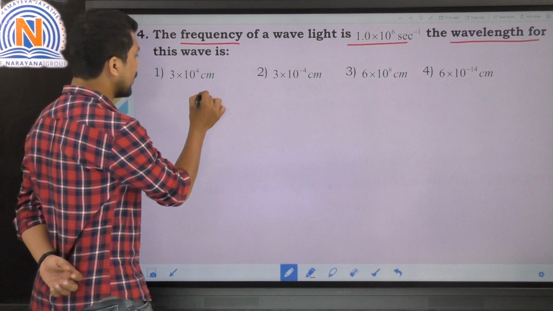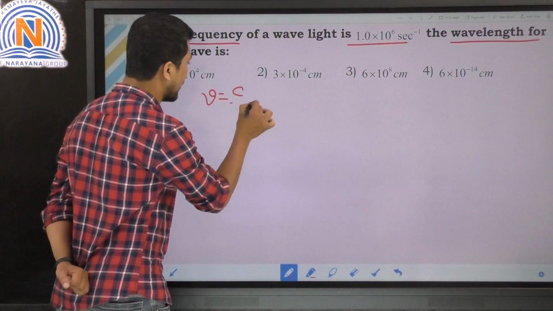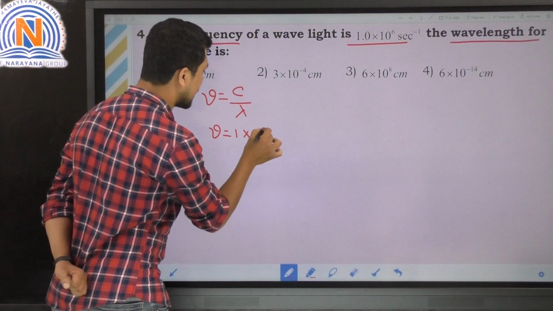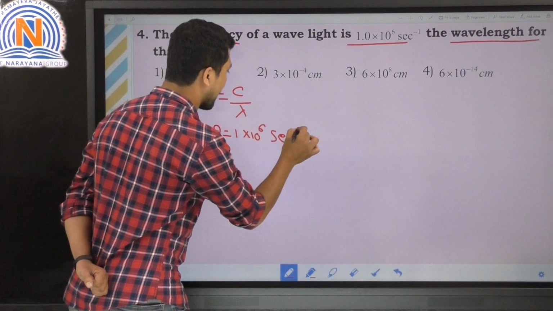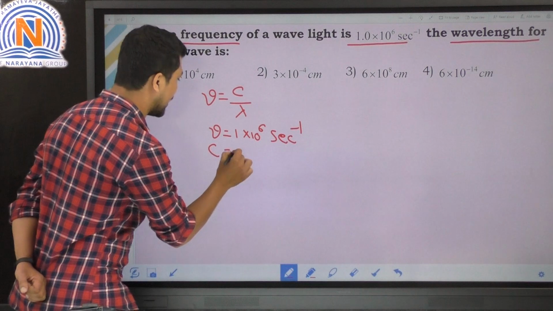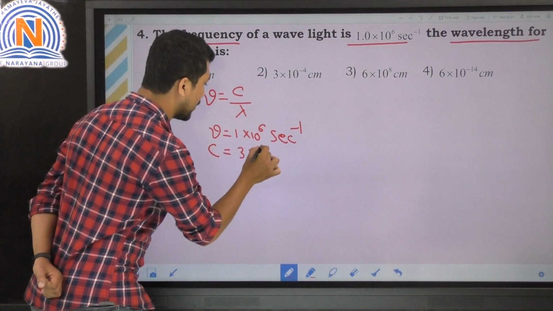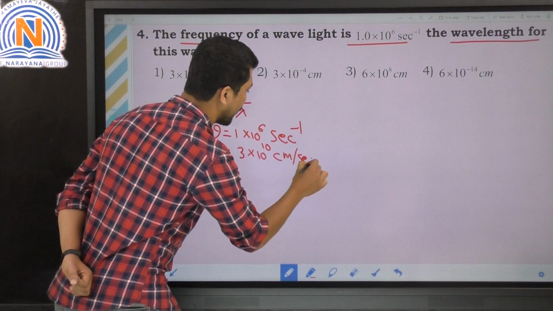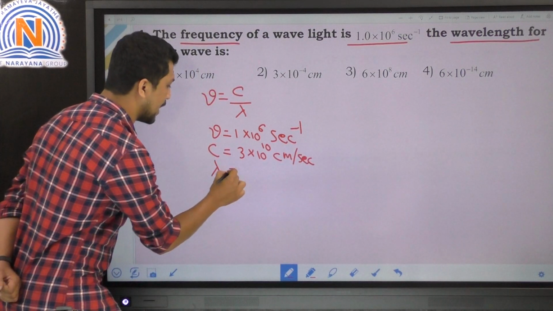We know that frequency nu equal to c by lambda. Nu is 1 into 10 power 6 second inverse, and c is the speed of light, 3 into 10 power 10 centimeter per second.